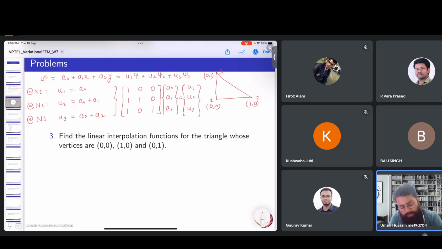And if we take the inverse of this and multiply that side, we'll get our a0, a1, a2 that are unknown, right?